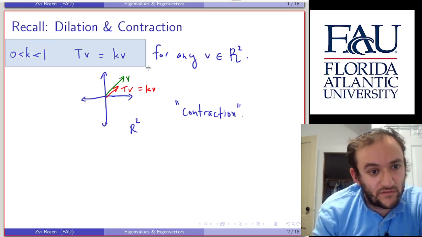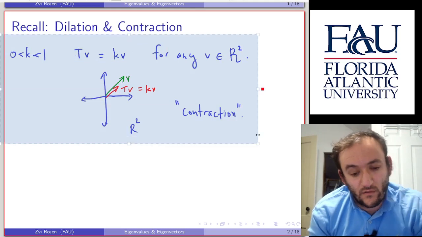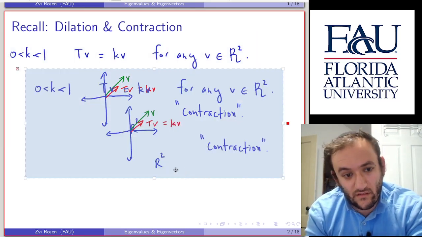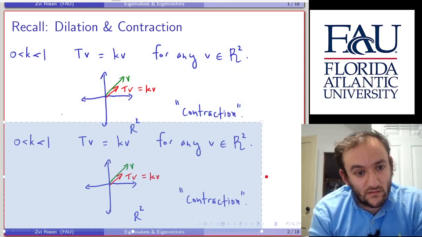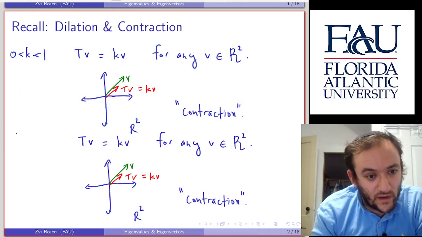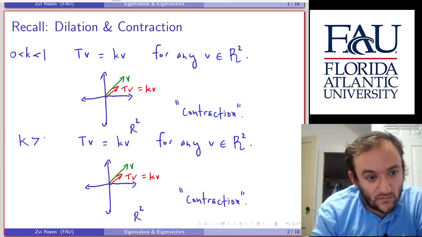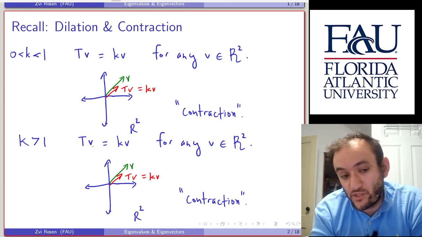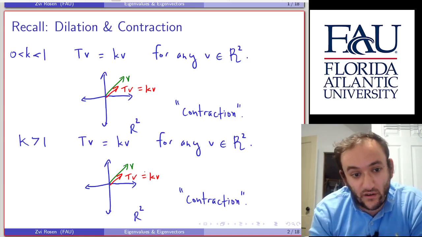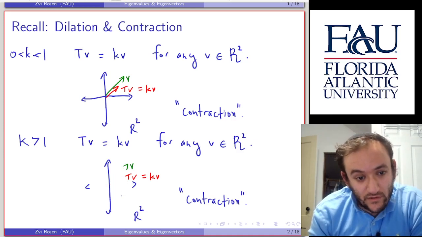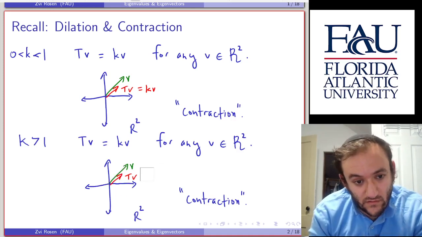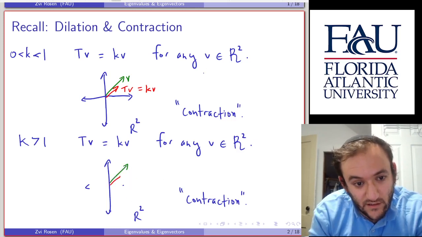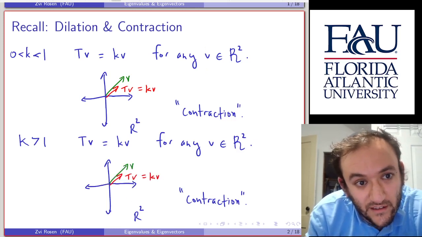And if we have k greater than 1, then we also take our transformation to be Tv equals kv for any v in R2. So this time around, let's see how tightly we can constrain this.